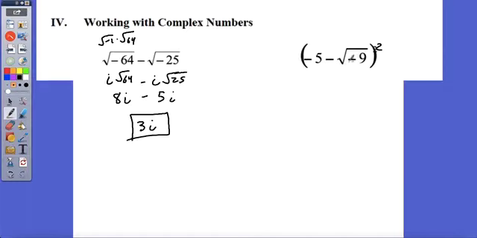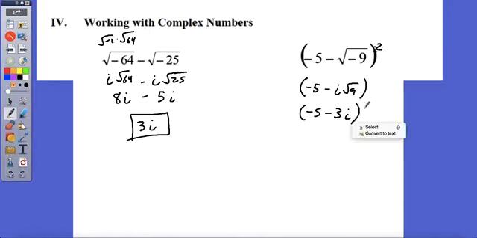For this one, same thing. Simplify everything as much as you can first, then actually perform the operation. Negative 5 minus i root 9, but root 9 is 3, so I got negative 5 minus 3i. That whole thing squared, then you'll go through the song and dance of multiplying this out.